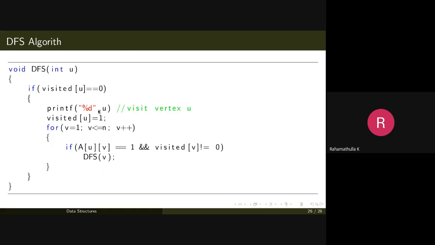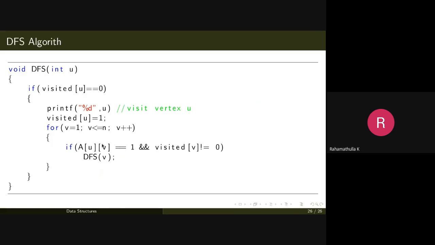You visit the vertex u, make it visited in the array. Then if A[u][v] equal to 1, if there is an edge and v is not visited, then only you call DFS again with this vertex.